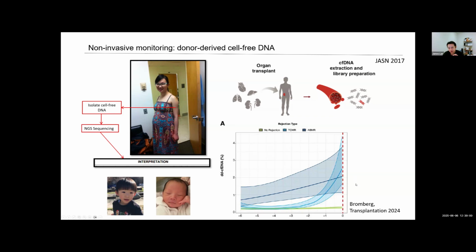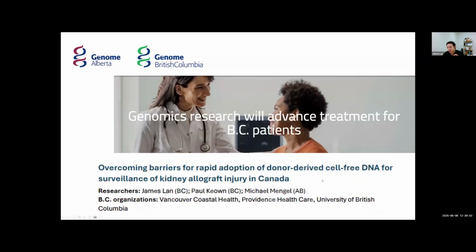That was really interesting to us. The problem is that this test is delivered as a central laboratory service through commercial labs. There are only 3 of them, and if we wanted to use that test, we would have to pay $4,000 Canadian for each test. So we asked, how can we bring that test into Canada?